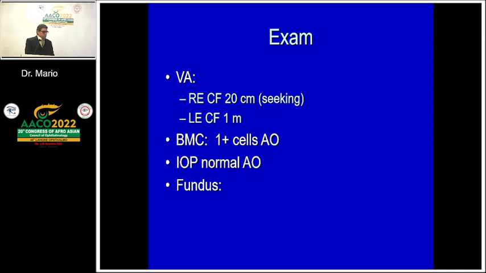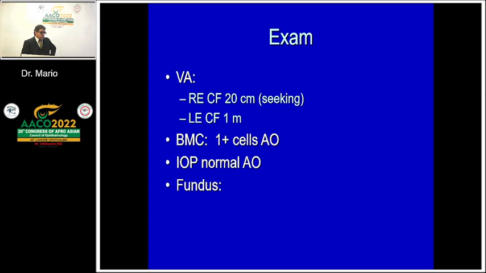As you can see, visual acuity was count fingers at just 20 centimeters, so just seeking vision. But in the left eye, we checked this 2 days later, and it was count fingers at 1 meter. Whoa.